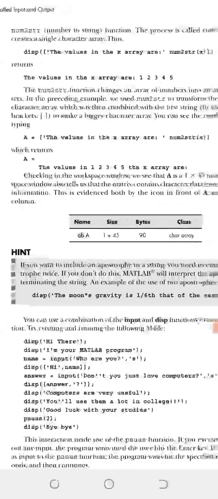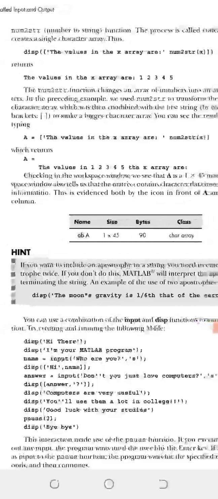So when you run this program, this is what you're going to see. The values in the X array are, it will list them together because this function, number to string, has converted these numbers to string.